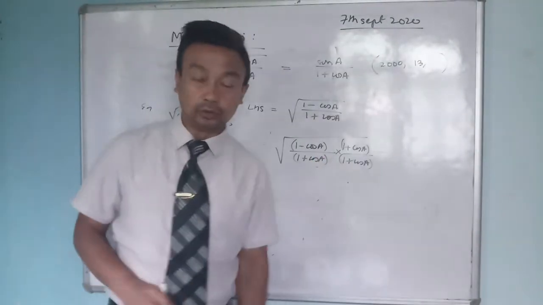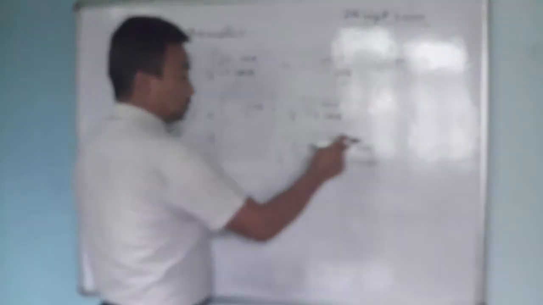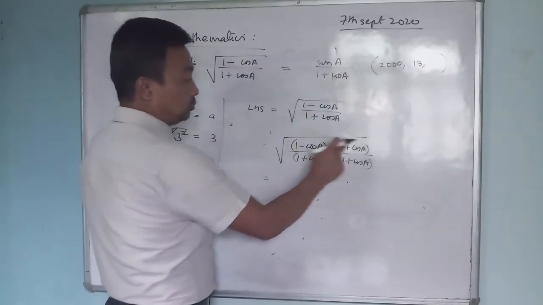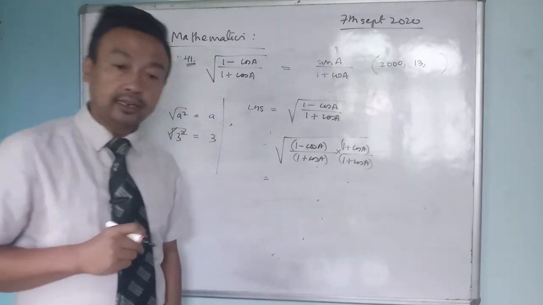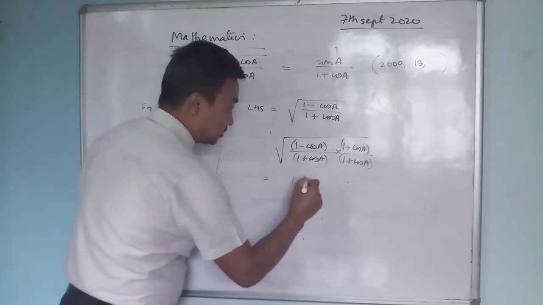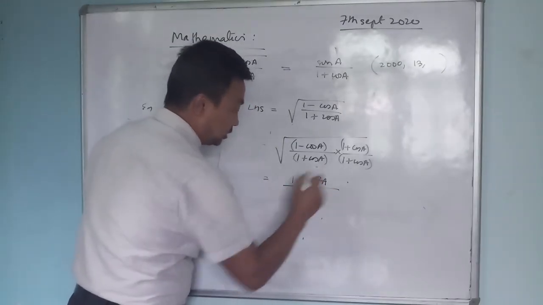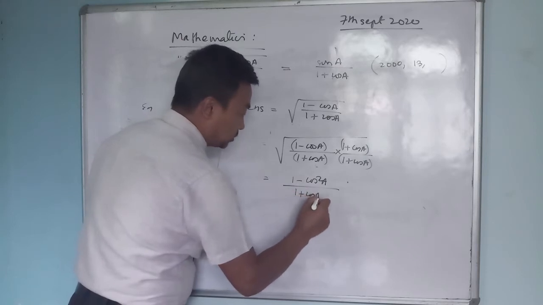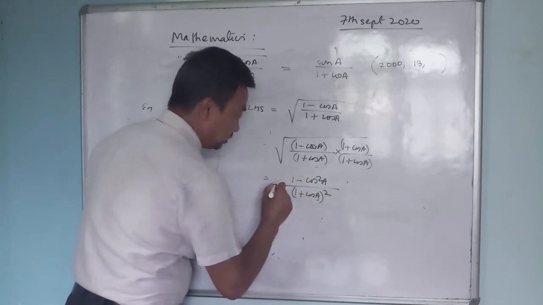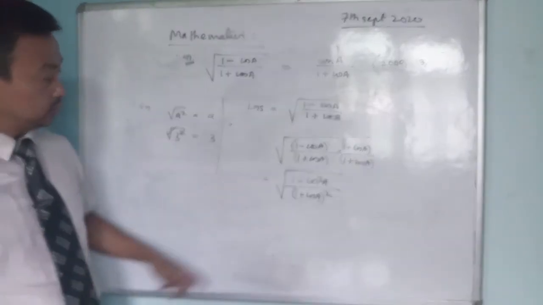Everything should be under the root. Now these two will be multiplied, and we can see that this is in the form of a minus b, a plus b, so you can use the formula a square minus b square. And here it will be 1 plus cos A, the whole square. Let it be under the root. We are coming closer to this.